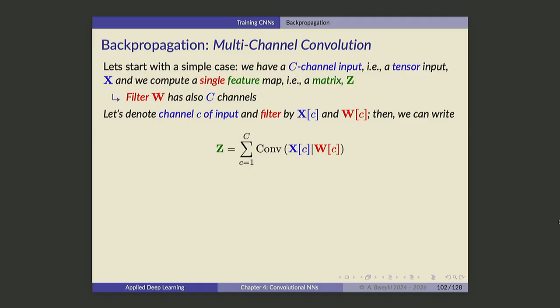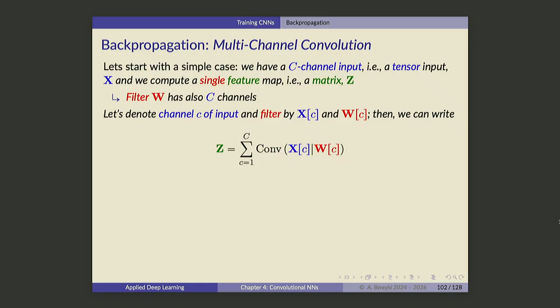Everybody's cool? Questions? So you can essentially write down your convolution with a tensor in this form. Every single channel of your filter is getting convolved with every single channel of your input, and once you have the output channels, you add them up and write it down as a feature map. Everybody's clear?